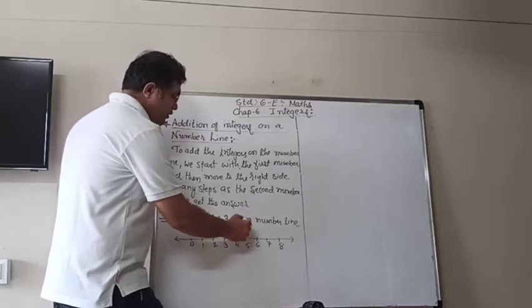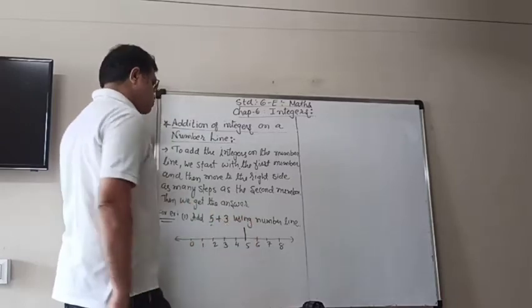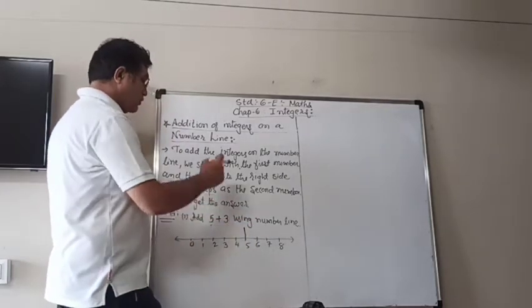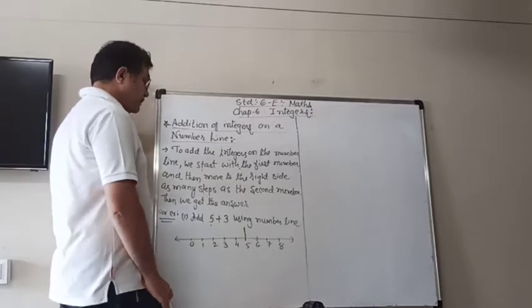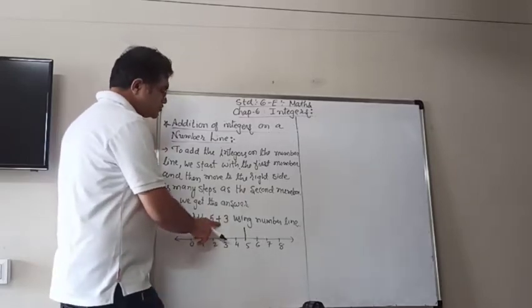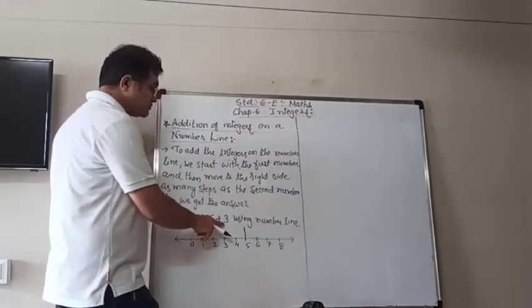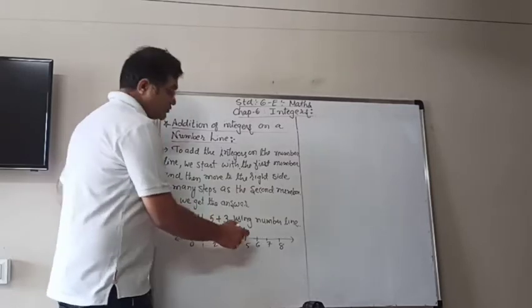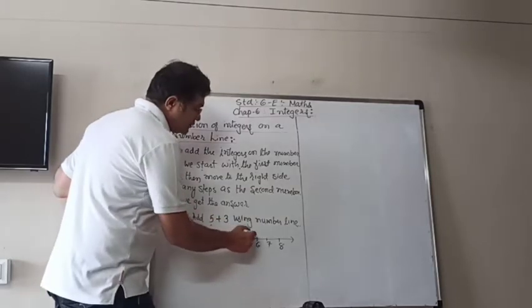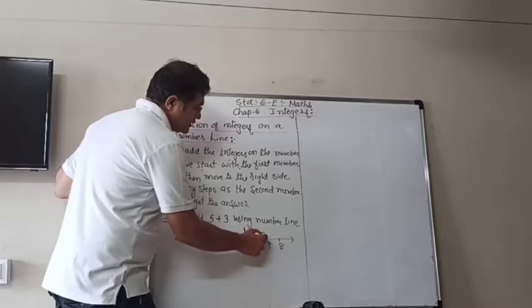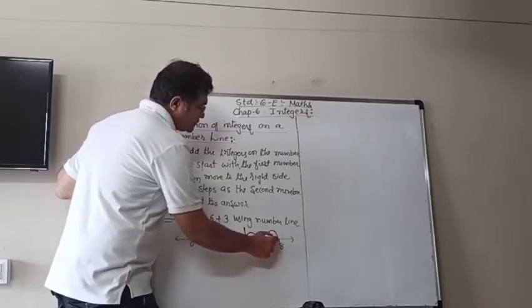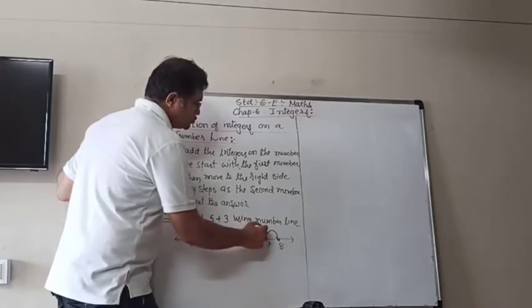So on 5 we will draw a vertical line. Now we have to move to the right side. How many places? 3 places. So we will move like that. This is the 1, second, and then 3. 1, 2 and 3.